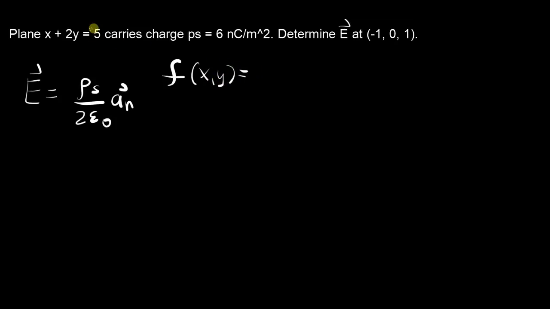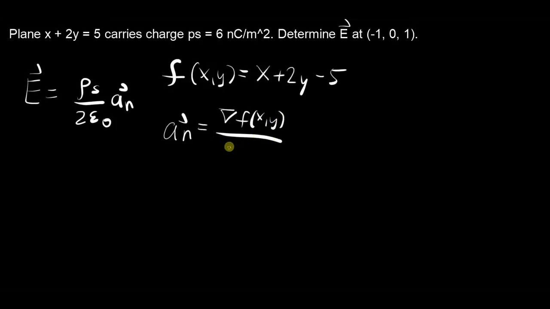So just shift this 5 over to the left side of the equation, so you'll get a function like this. And just so happens that you can find the normal vector from the gradient of your function of x and y over its magnitude.